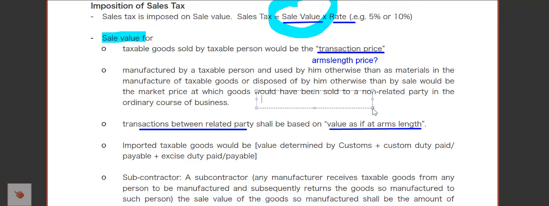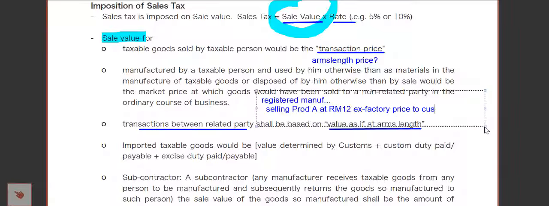Okay, now let's just take for example, there is a registered manufacturer. Okay, now selling product A at, let's say, 12 ringgit X factory price to customers. X factory price means selling price after you leave the factory.